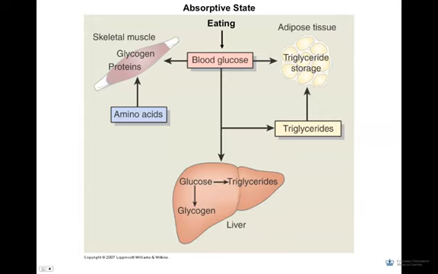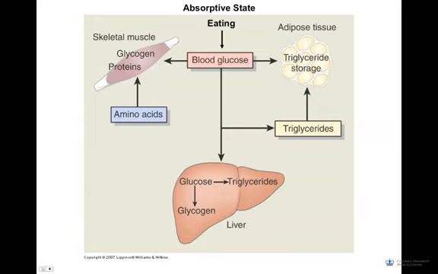Now, the way that glucose homeostasis is maintained during an absorptive state is that many things are done with blood glucose. Basically, we allow tissue to take up blood glucose, and then that glucose is largely stored in some form.